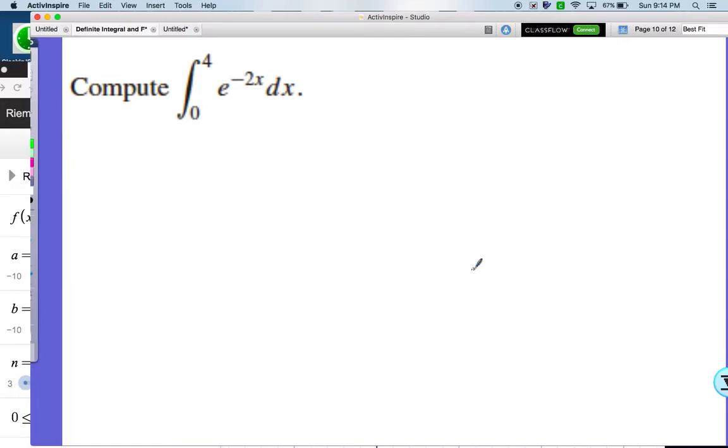Ooh, an exponential one. Let's see if we remember how to do these. All right. Antiderivative, we know e to the negative 2x is going to be there. And we figure out, hey, how do I counteract the negative 2 that would come down when I do the derivative?